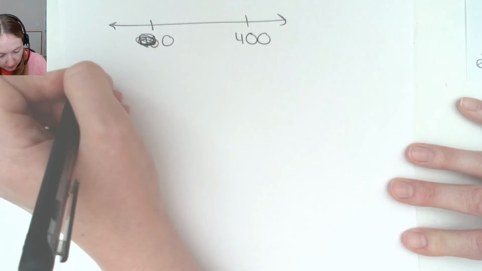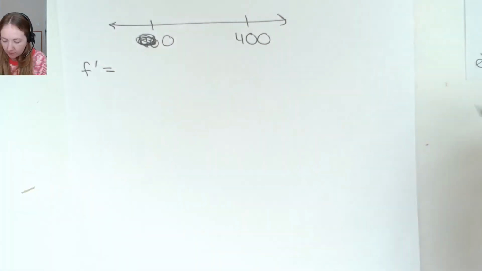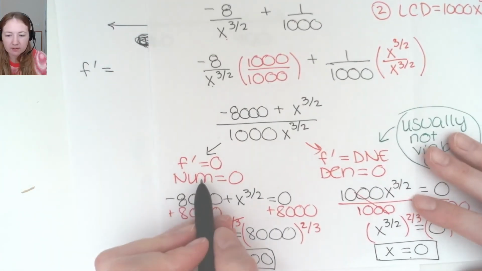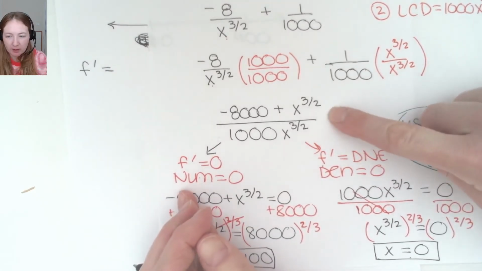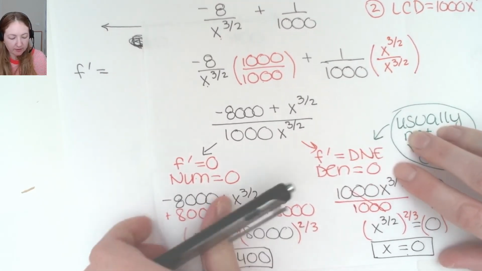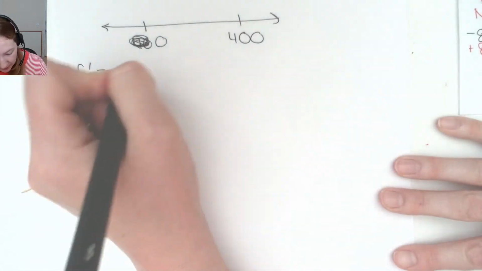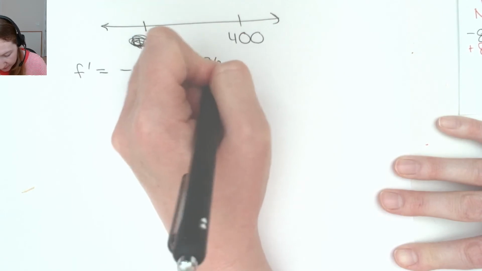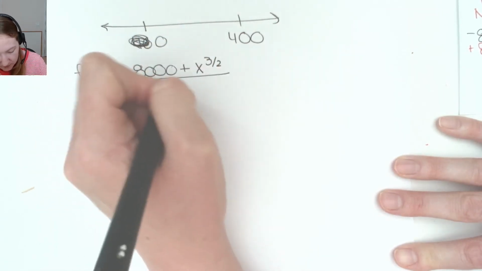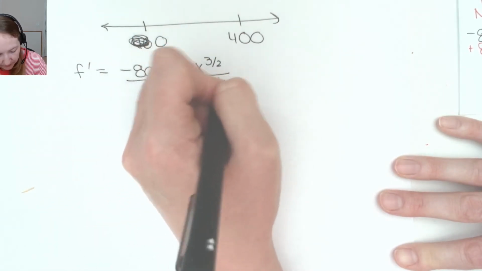Okay, so with that in mind, what we will see is that we need to plug into the derivative. So the f prime, right before we set numerator equal to 0, denominator equal to 0, that f prime was given here. So we're going to plug into the negative 8,000 plus x to the 3/2 over 1,000 x to the 3/2.